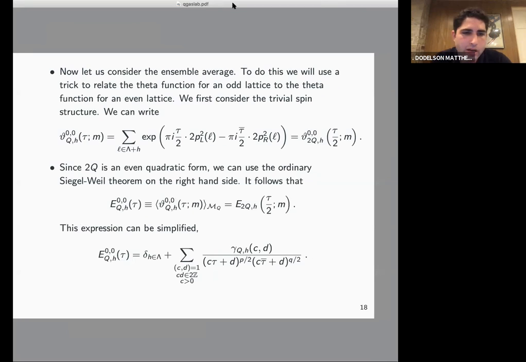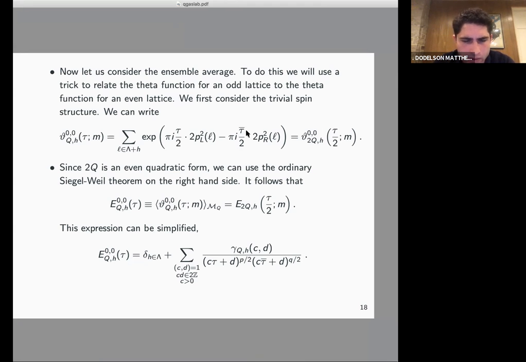Okay, so now let's take the ensemble average. To do this, we need to use a trick. First, I'll consider the trivial spin structure. In this case, we have this formula for the theta function, and all I do is multiply p left squared and p right squared by 2, and divide tau by 2.